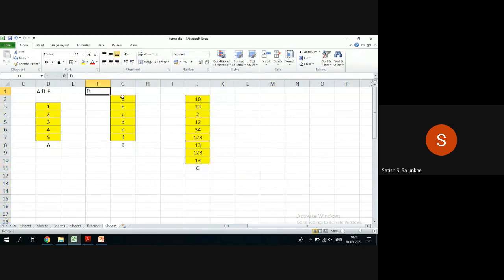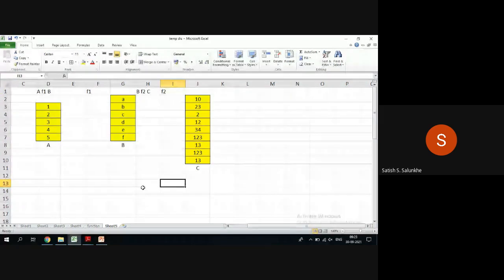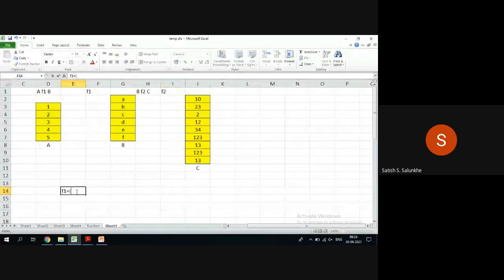And you do have function f2, which is mapping from B to C. Okay, so let us assume that f1 is one function that is, let us say, 1 comma a, just writing arbitrarily, 2 comma b, 3 comma e, 4 comma f, 5 comma c. One of the function.